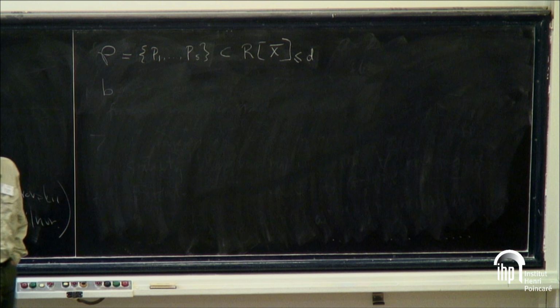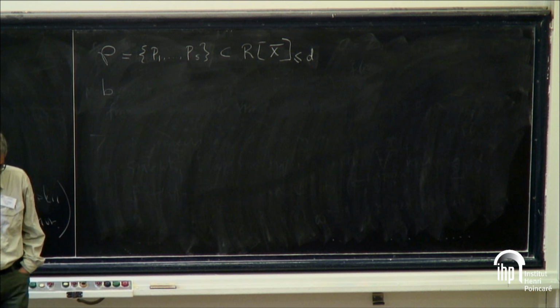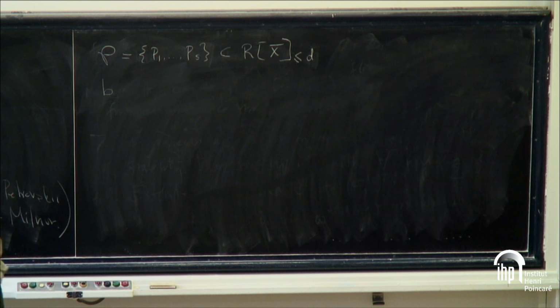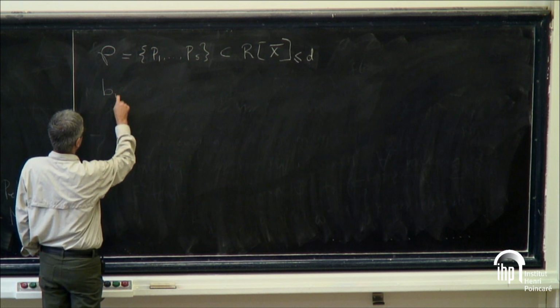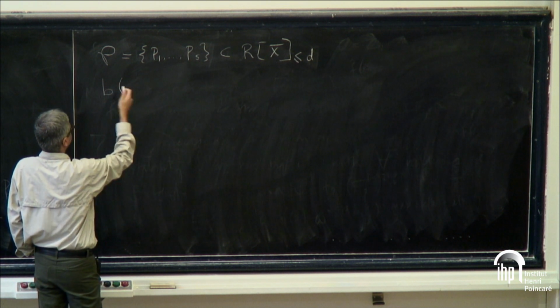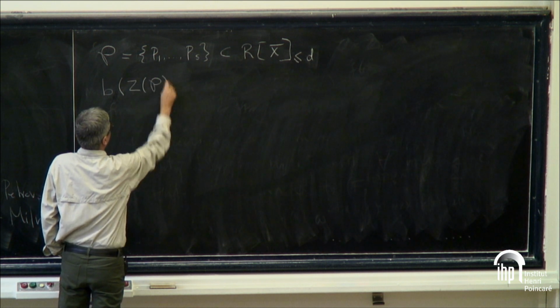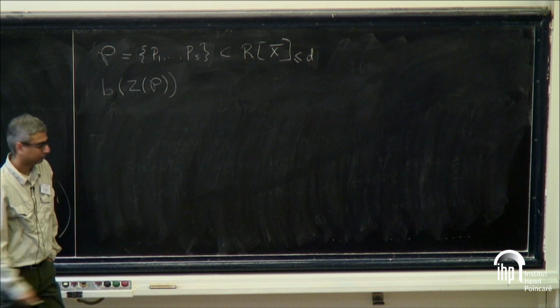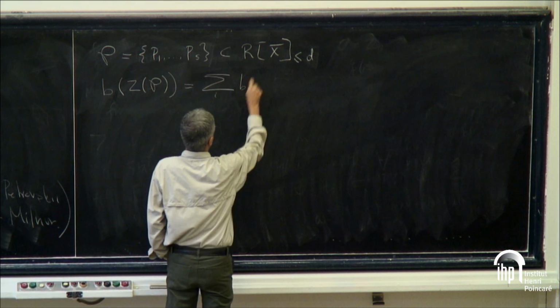that if I take the sum of the Betti numbers, where by Betti numbers I mean the ranks of the singular homology groups of this algebraic variety, I'll call the sum b of the zeros of this polynomial. So this is the sum of the ith Betti numbers.